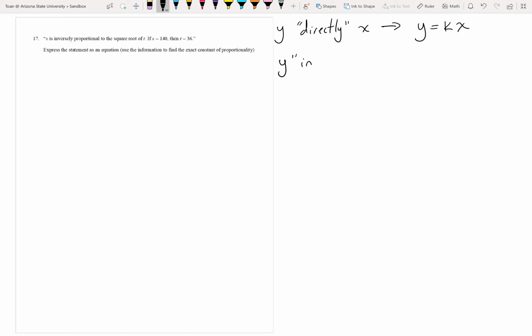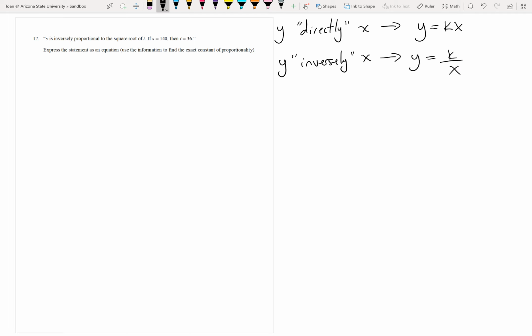If they use the word inversely anywhere, the way you set it up is first variable equals k, but the second variable is in the denominator. Notice every proportional equation starts off the same way. First variable equals k, but where you put that second variable will depend on the key phrase. Directly proportional, you put the second variable in the numerator on top, and if it's inversely, you put the second variable in the denominator.